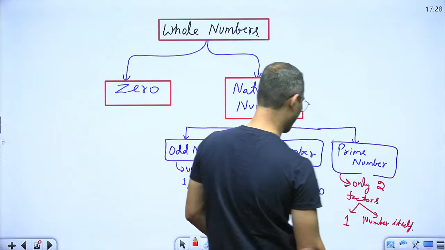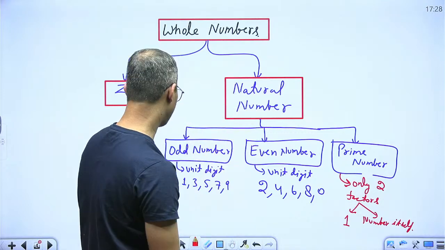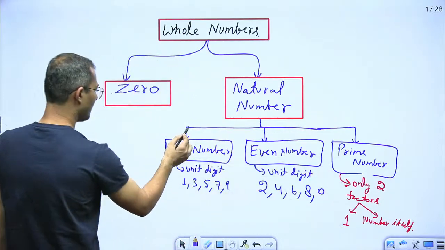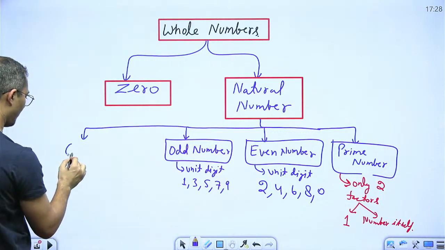So these are called prime numbers. Another is composite numbers.